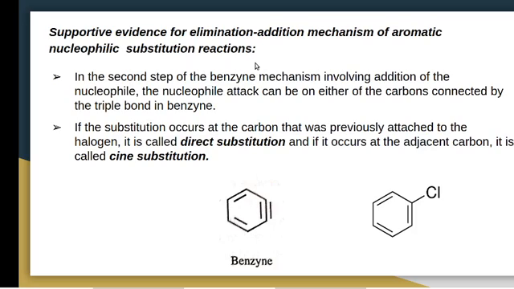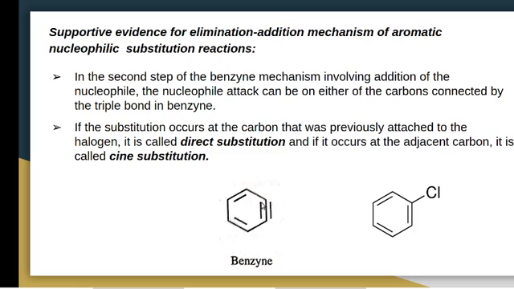In the second step of the benzyne mechanism, involving addition of the nucleophile, the nucleophile attack can be on either of the carbons connected by the triple bond in benzyne. So the first step involves the elimination of the halide ion.